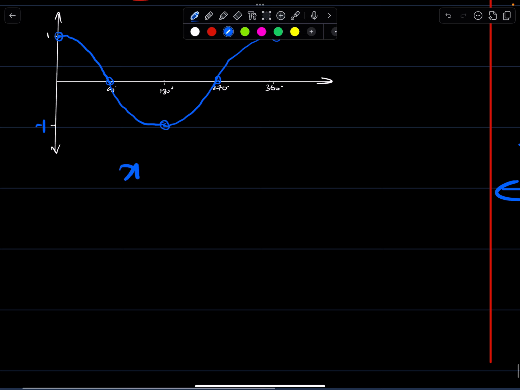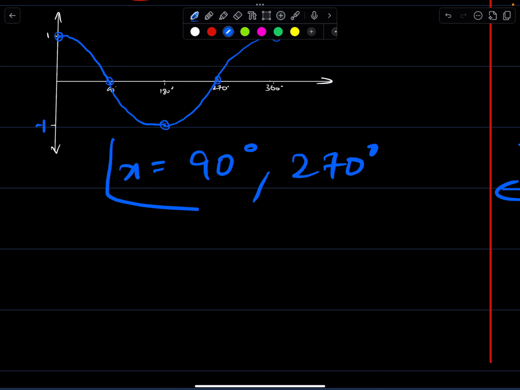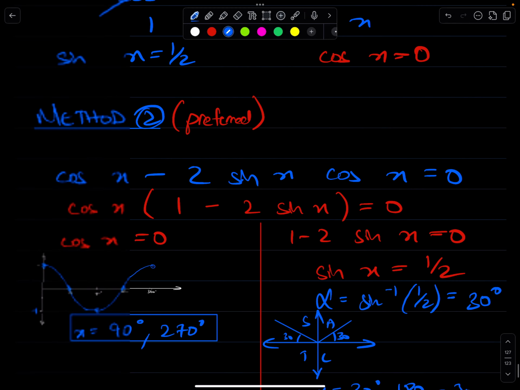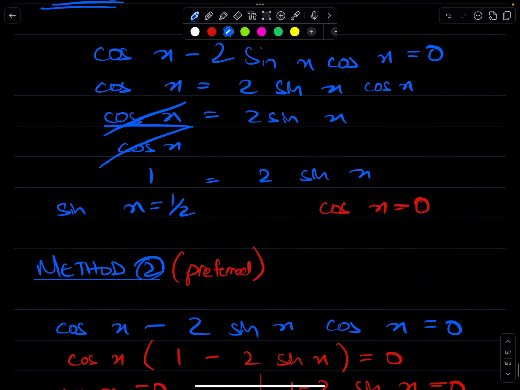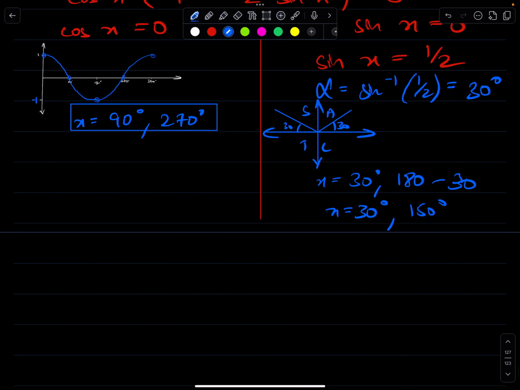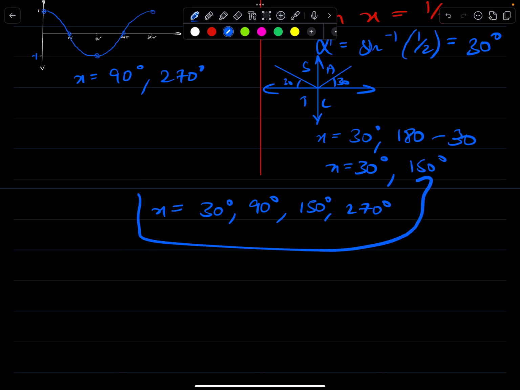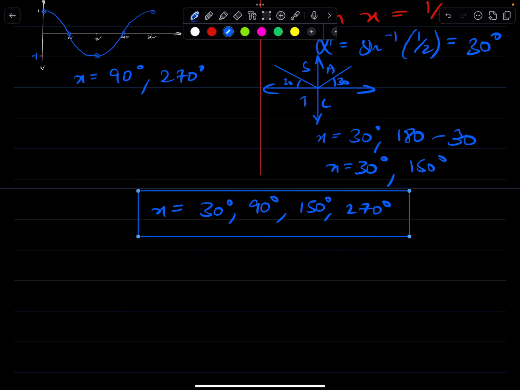Thus I have x is equal to 90 degrees and 270 degrees. Was I given a range in this question? Yes, I was. But alright, so my answers are in ascending order again: 30 degrees, 90 degrees, 150 degrees, and 270 degrees. Always leave your answers in ascending order. So this is my final answer.